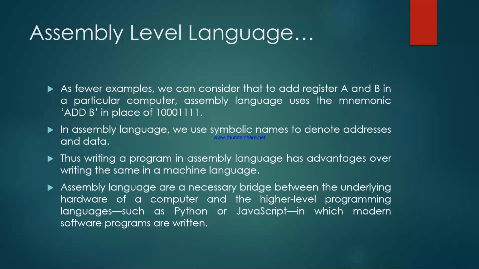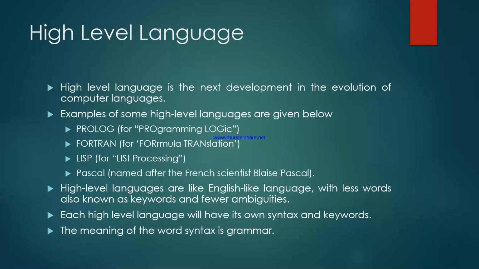Thus, writing a program in assembly language has advantages over writing the same program in machine language. Assembly languages are a necessary bridge between the underlying hardware of a computer and the higher level programming languages such as Python and JavaScript, in which modern software programs are written.